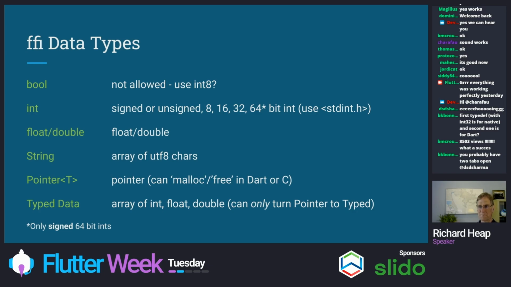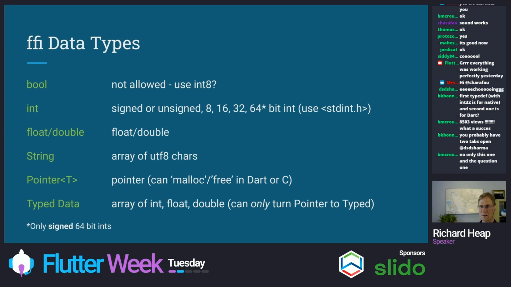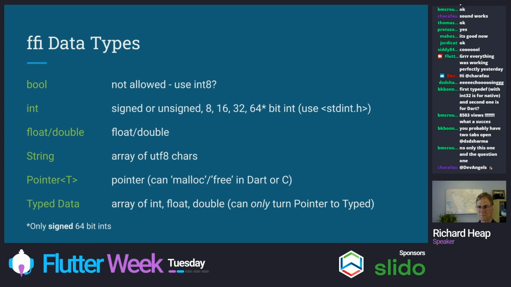Floats and doubles become floats and doubles. A Dart string becomes an array of UTF-8 chars on the C side. You can have pointers. So if you've got an array of floats in C, the reference on the Dart side to that is going to be a pointer to float.